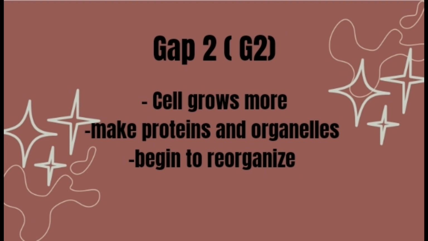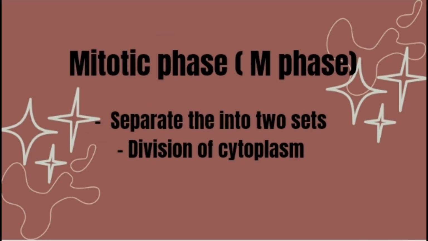In this phase, the cell has doubled its DNA and increased in size. It is also where the cell reorganizes its contents and dismantles the cytoskeleton to provide resources for mitosis. At this stage, the cell senses cellular and environmental conditions to determine if it should divide or not.